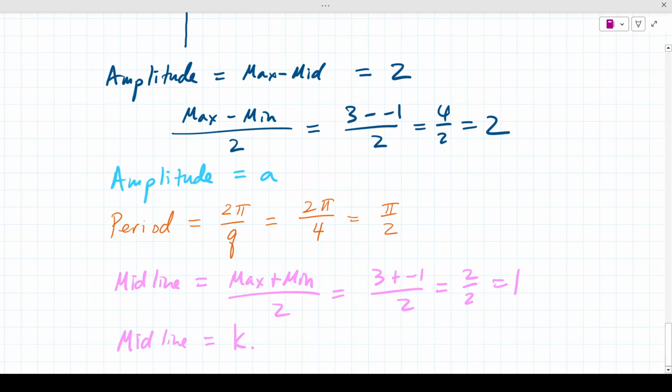Typically, when I'm trying to find an equation from a graph, let's say, or even from a word problem, I'll figure out what A, Q, and K are, and then I'll find a point that has to satisfy the equation, plug in those values, and solve for H. And that's how I get my H. I'm going to be doing some examples like that coming up, actually.